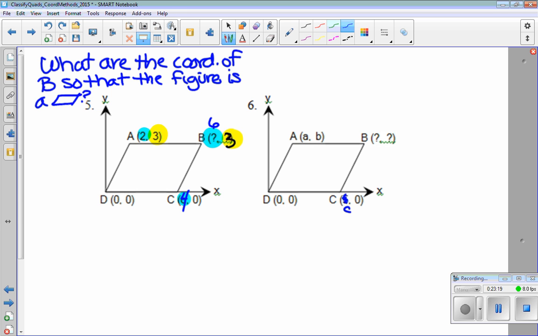Look at the previous problem and make that decision. Okay? So what are the coordinates of B? You're going to have to write it in letter form, just like the ones are given to you. We have A, B, and C. So your coordinates for point B will have the letters A, B, and C there.